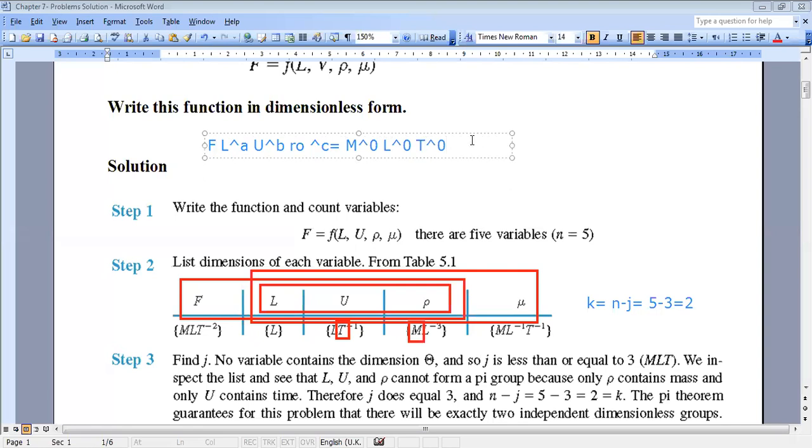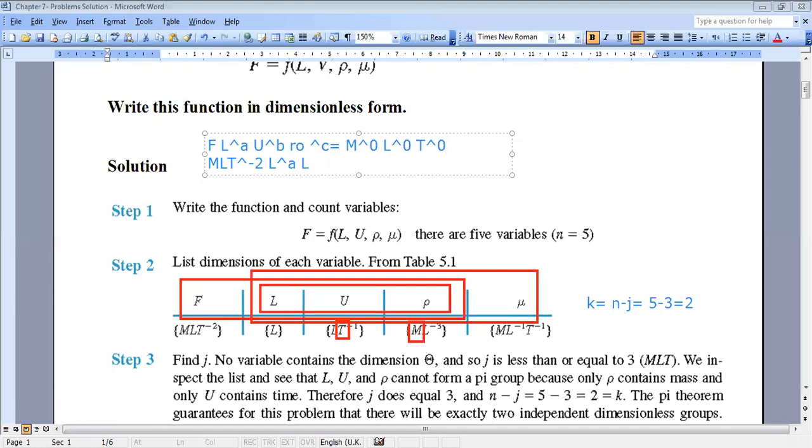Now, let us replace each term by its dimensions. So F, I will replace it by M L T to the power minus 2, times L to the power A, times, for the velocity, it's L T minus 1.